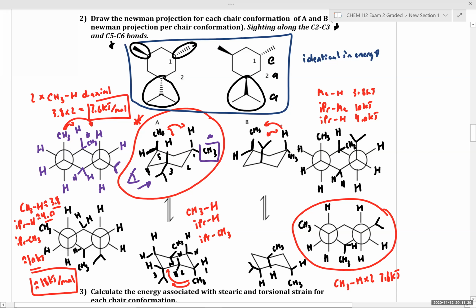We've introduced an additional set of 1,3 interactions. So we have a methyl hydrogen, an isopropyl methyl, and an isopropyl hydrogen, and these add up to about 18 kilojoules of strain. Does everyone see how changing the stereochemistry of the isopropyl puts the isopropyl pointing up and introduces additional 1,3 interactions? Does that make sense to everyone?